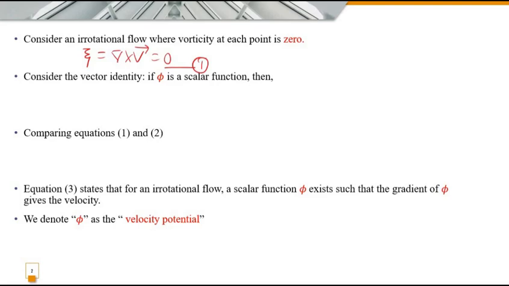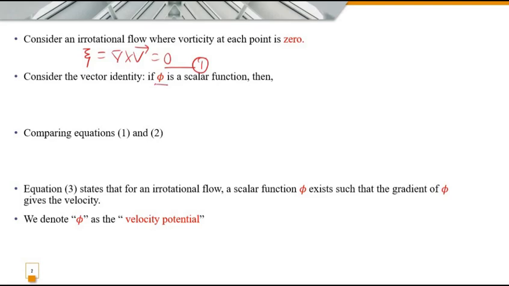Now what we are going to do over here is introduce a new term. Should I call it a new term, or are we aware of this term earlier? Have we used this? Certainly not. So here we are going to consider the vector identity, that is velocity V, and we are going to consider this letter phi, which is a scalar function.